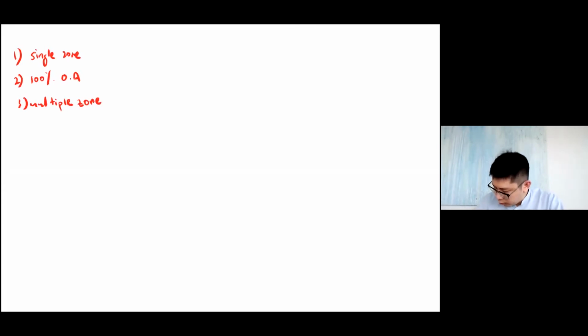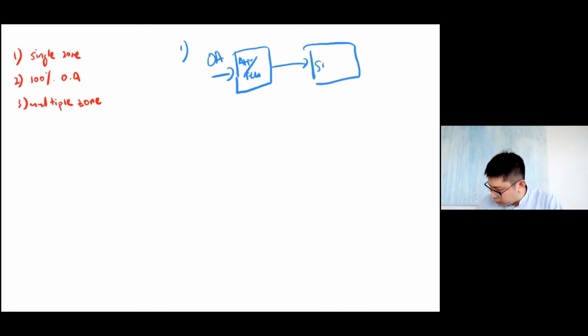For single zone, any zone that is single and served by an ASU or FCU, you have OA going in and then serving this space. The important point is the OA volume.